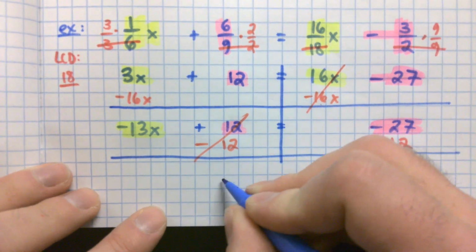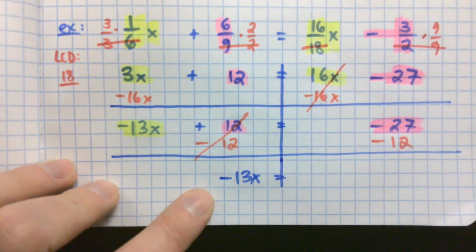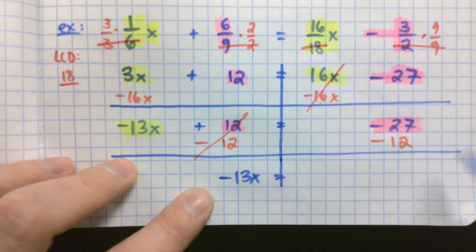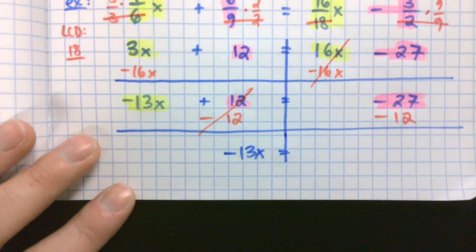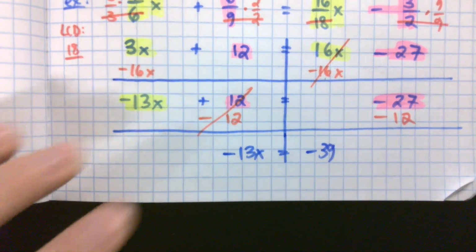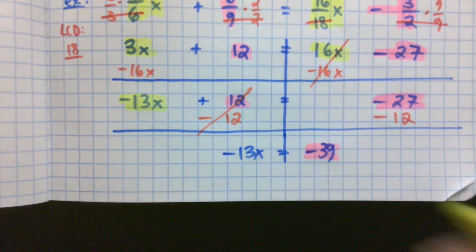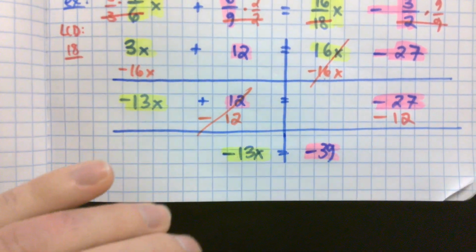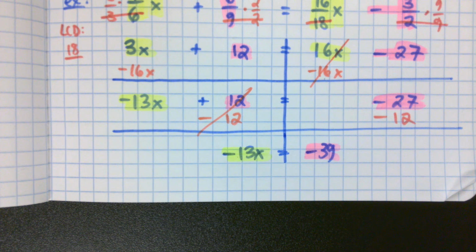I'm going to bring this in a little bit. Negative 13x equals, what's my right side going to be? Negative 39. Awesome. Absolutely right. Now I've got one yellow term on the left, one pink term on the right. That means it's time to do what? Divide.